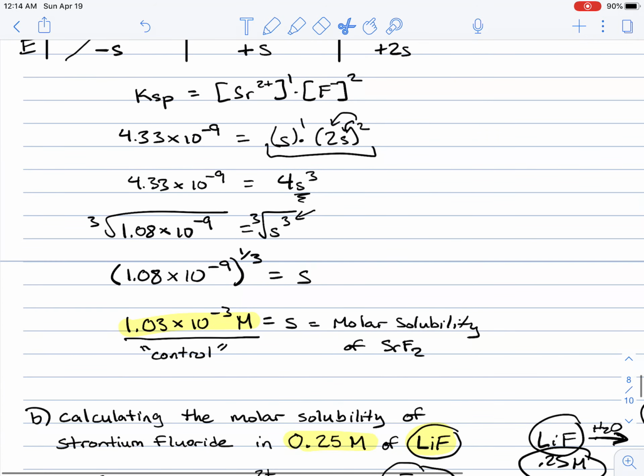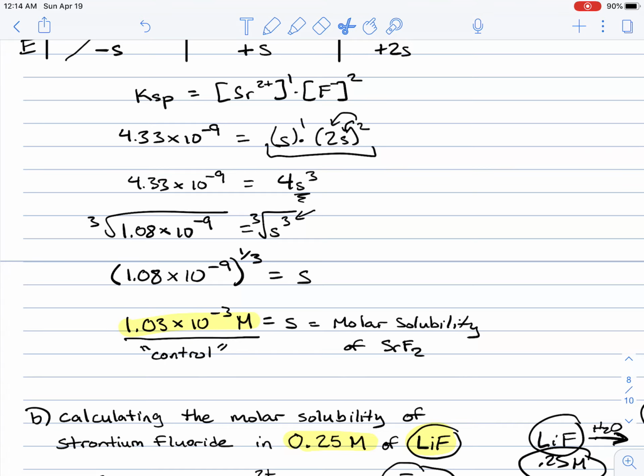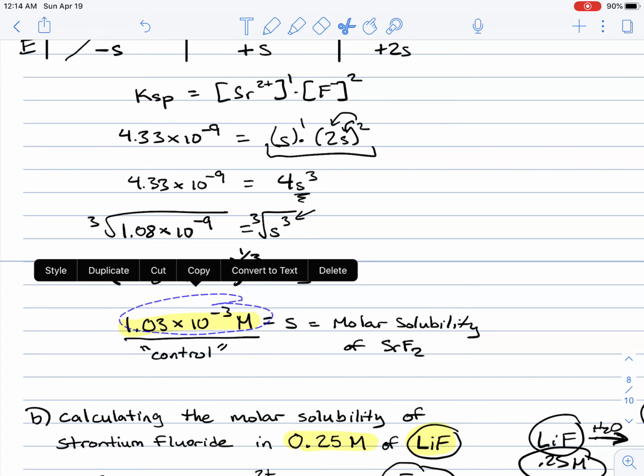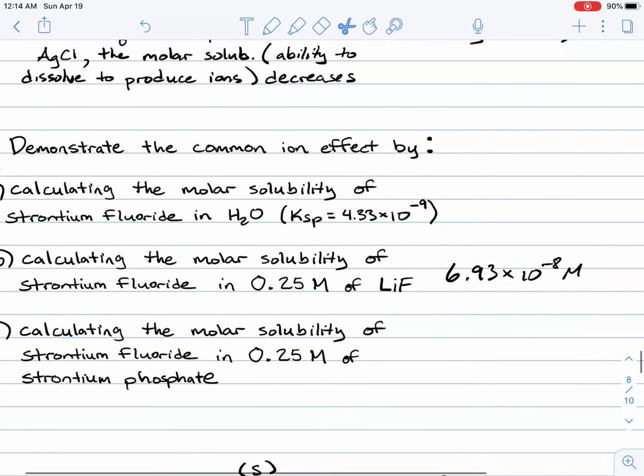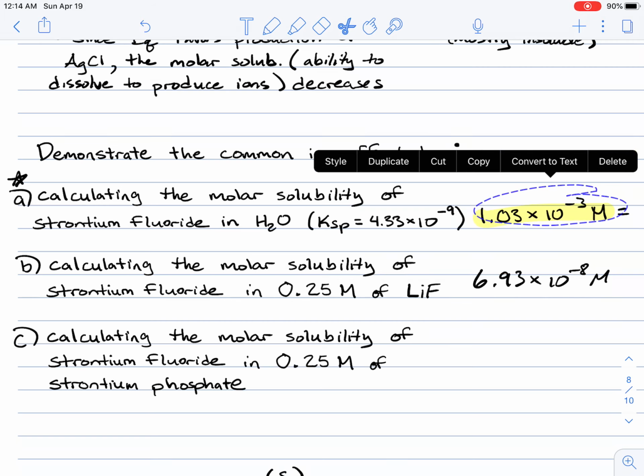And I'm going to copy the result from our first answer so that we can compare these molar solubilities.